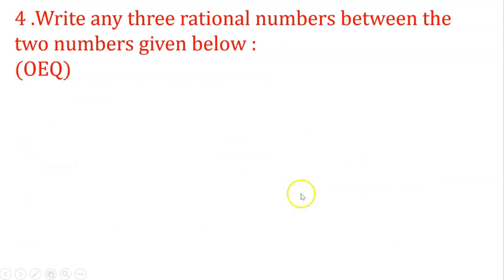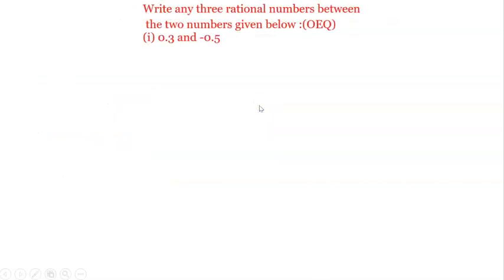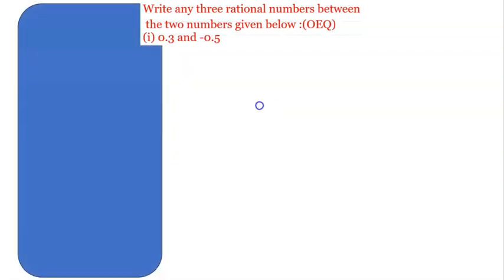Now next, write any three rational numbers between the two numbers given below. This is an open-ended question. The first is 0.3 and minus 0.5. Now we'll find the rational numbers between 0.3 and minus 0.5. First, we will add these two numbers and divide by 2.